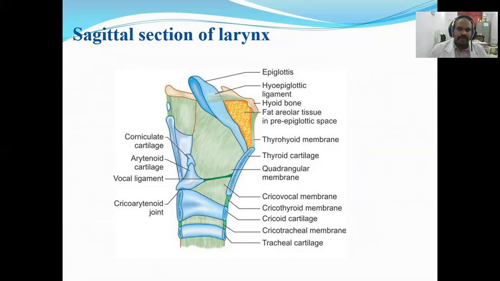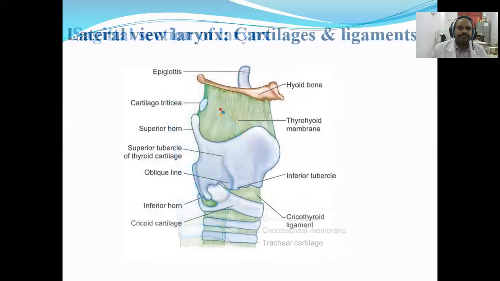Suppose there is no involvement of the cartilage, then the staging differs. This makes the treatment option, the surgical outcomes as well as the radiotherapy outcome of the patient questionable, so we have to analyze the pre-epiglottic space properly. The pre-epiglottic space is otherwise called the pre-epiglottic space of Boyer.